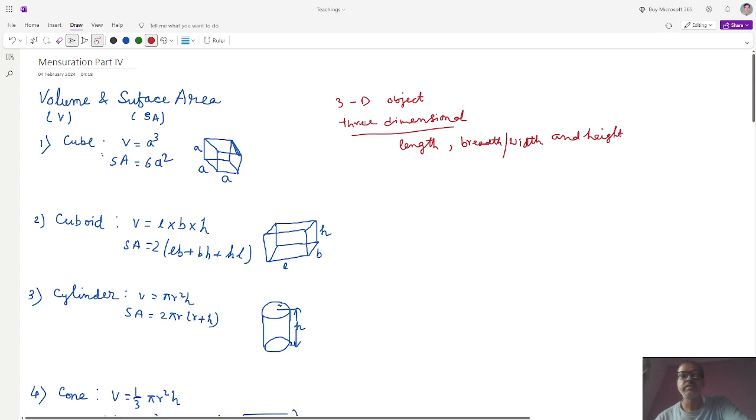This is known as a 3D object, a three-dimensional object.